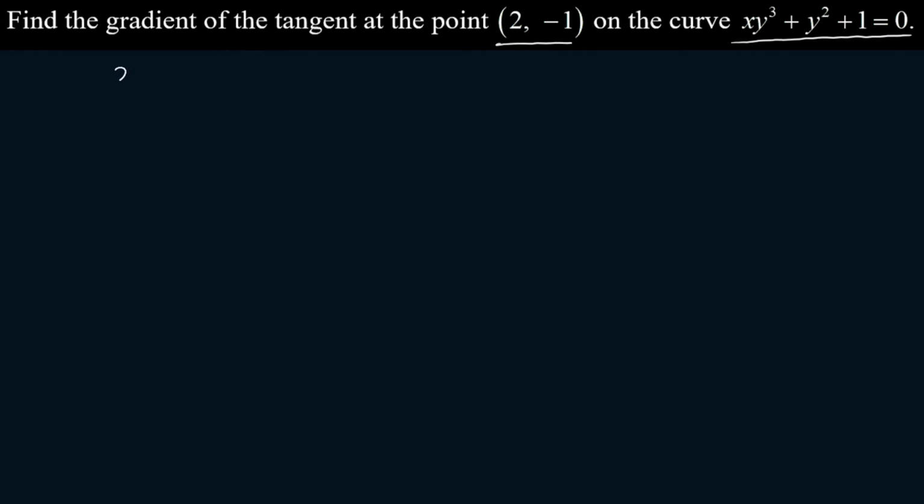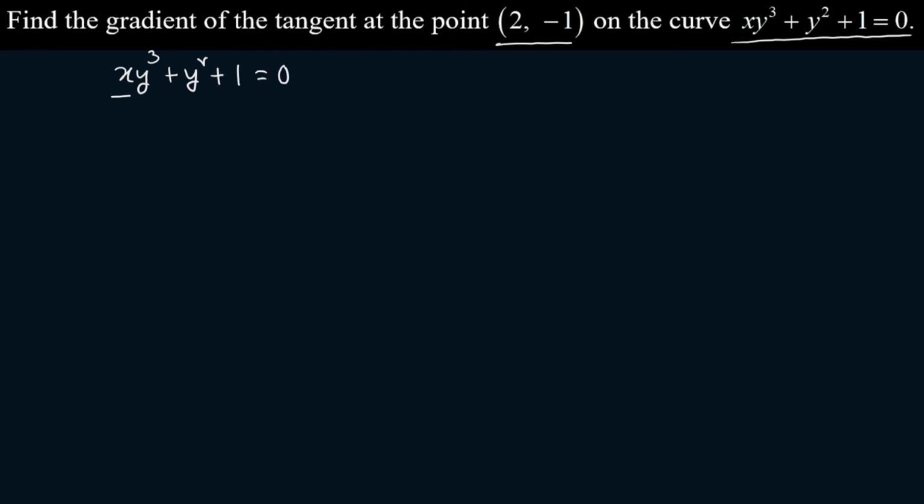The equation written here is xy cubed plus y squared plus 1 equals 0. For a whole implicit equation, if you want to differentiate, we write d/dx of the whole thing.